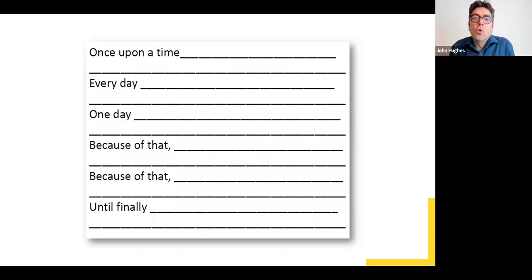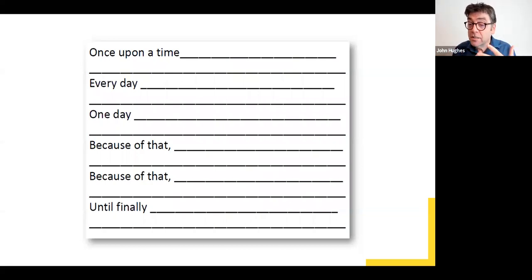So if I said, once upon a time, there was an English language student from the Philippines, I'd give them that first sentence. Very quickly, they would generate the rest of the story. So it's about giving students certain limitations to work within, and then their creative thinking will go really quickly. Try this activity with your students tomorrow. You can use it with children, but I've used it with business people.